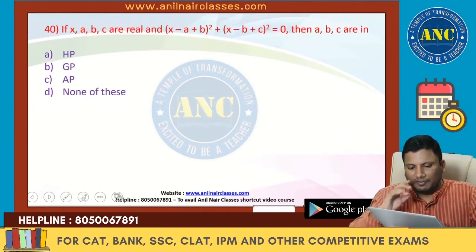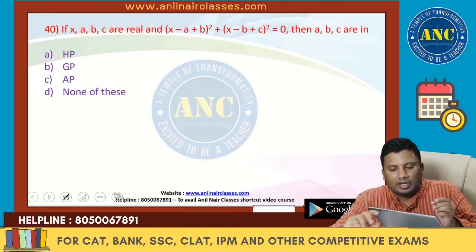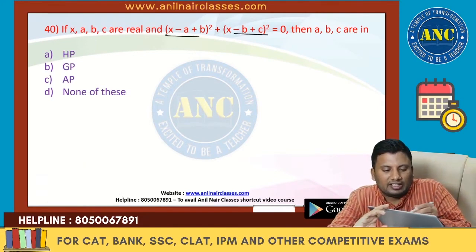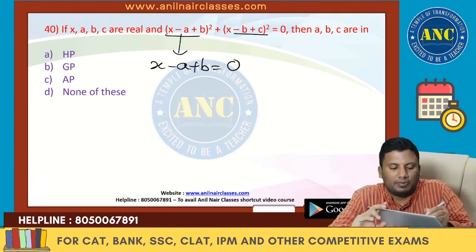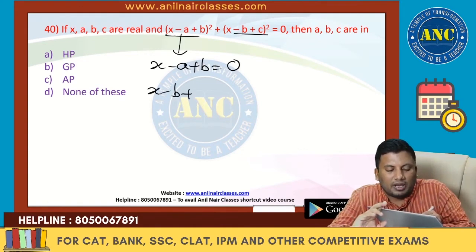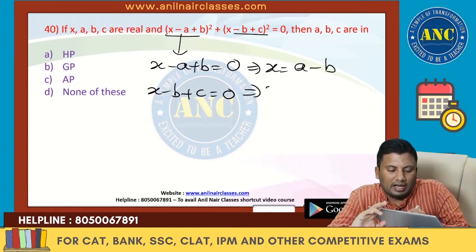See here, question 40. If x, a, b, c are real, the sum of the two squares is 0. Square 0 means this has to be 0. x minus a plus b is 0 and x minus b plus c is 0. x is a minus b and x is b minus c.